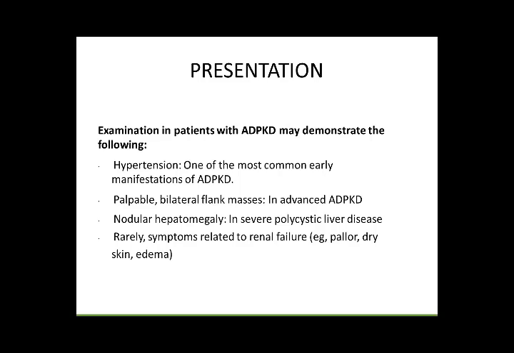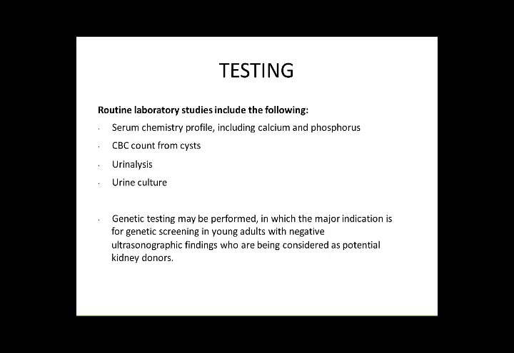But the typical signs of polycystic kidney disease are hypertension and palpable bilateral renal masses. Now we are going to look at how to investigate a patient with polycystic kidney disease.